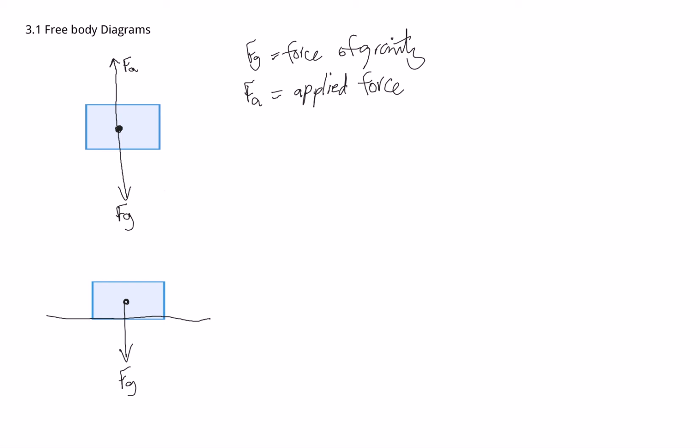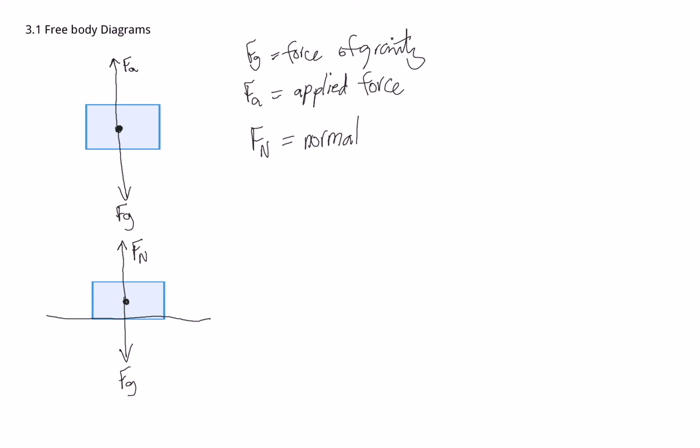Instead, the floor is strong enough to withstand the force of gravity, so we call it a normal force, Fn. The normal is sort of the opposite of gravity: gravity is pulling it downwards, and the floor is pushing an upwards force against the book. That's what we call the normal.